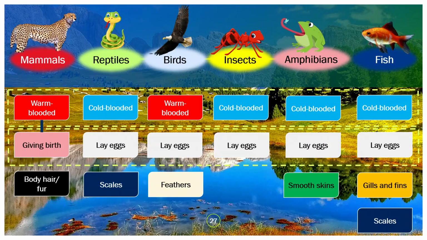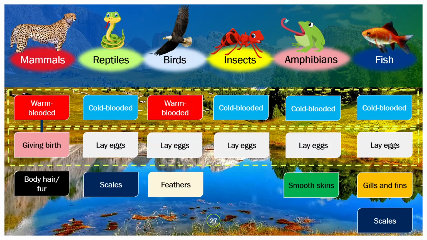Like the cheetah, they got fur. The snake, they got scales on their body. The bird, they got feathers, which help them to fly. Feathers, fly, F. Okay? Just remember that. For the frog, they got moist and smooth skin.